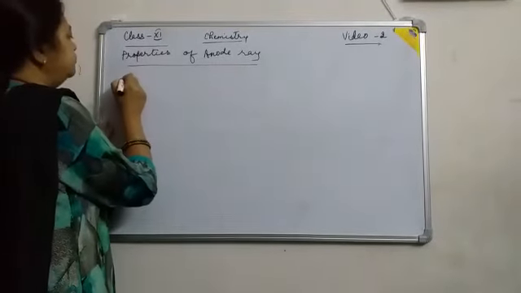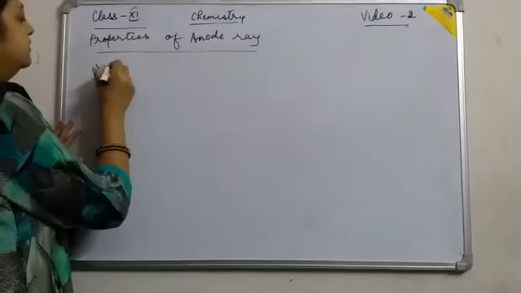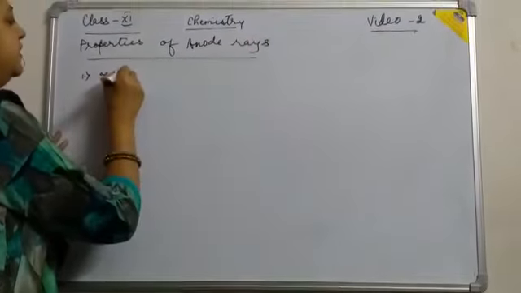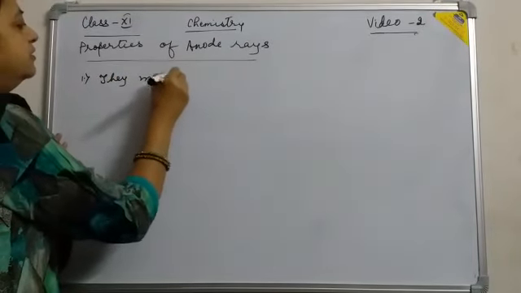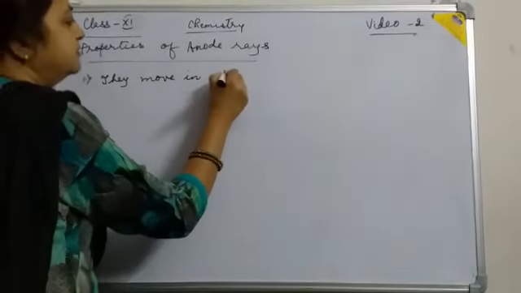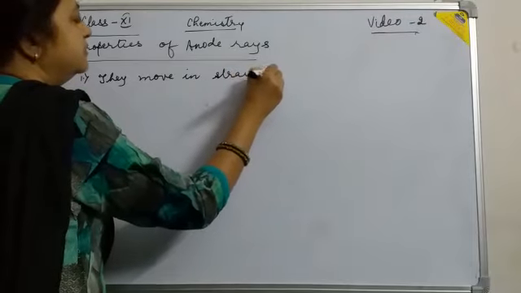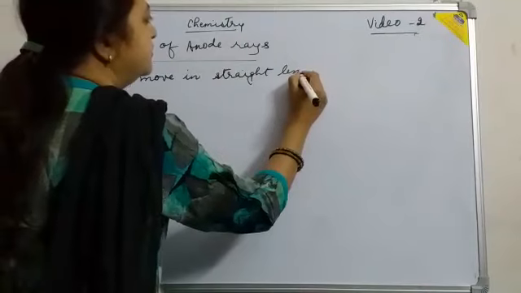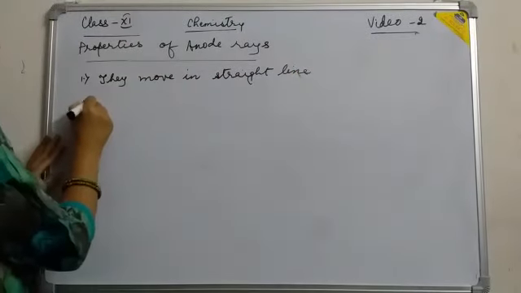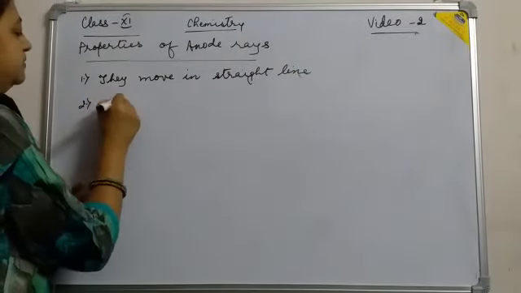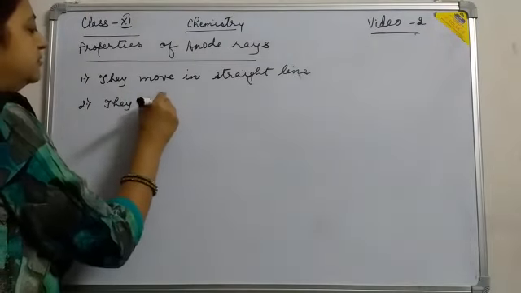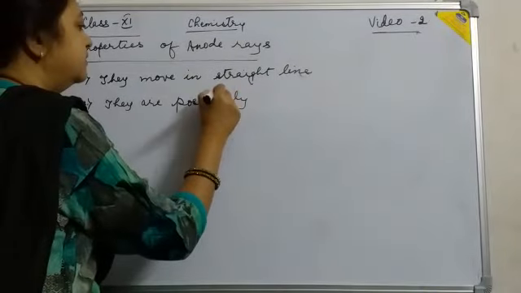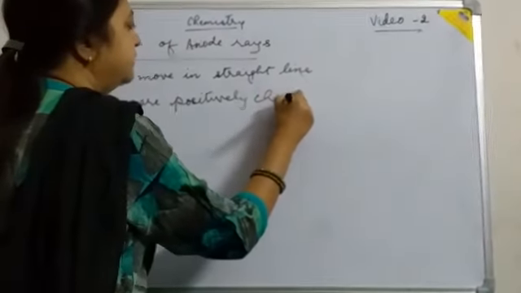So the properties of proton, or anode rays: number one, they move in a straight line. They are positively charged rays.